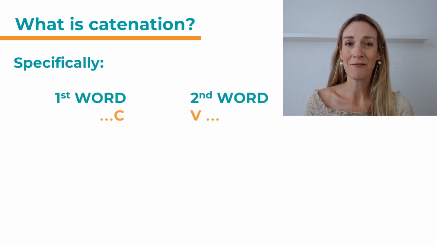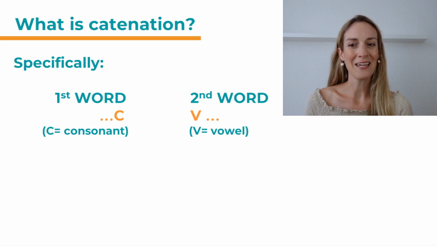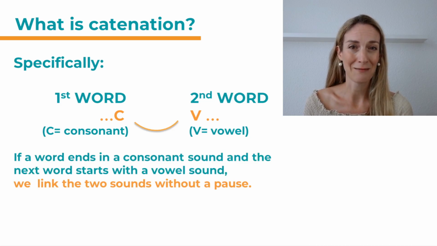Specifically, we have the first word ending in a consonant sound, and the second word starting with a vowel sound. Whenever that is the case, we link the consonant and the vowel together, and that is called catenation, and there's no pause in between.